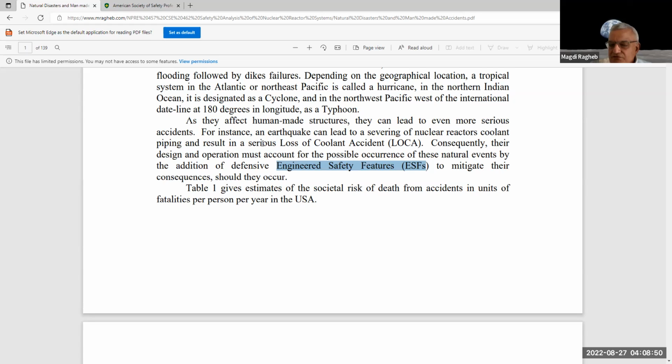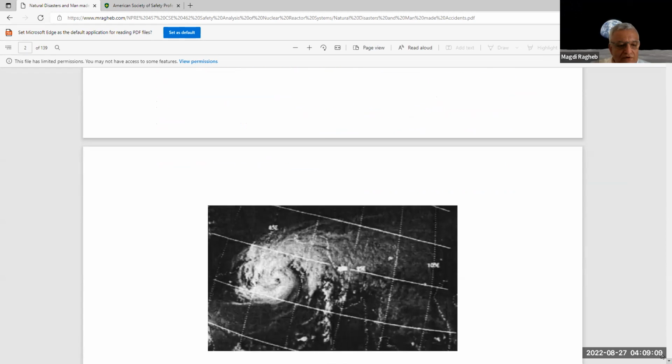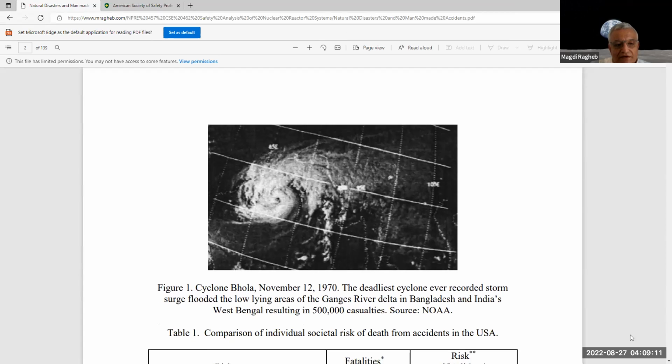Life is very precious to us humans in general. This gives us some kind of quantification of what we are going to say the societal risk. So in the analysis of accidents, we define the risk, and each kind of event has its own risk. As we go along, this is a picture of the largest cyclone ever to happen in recorded history.